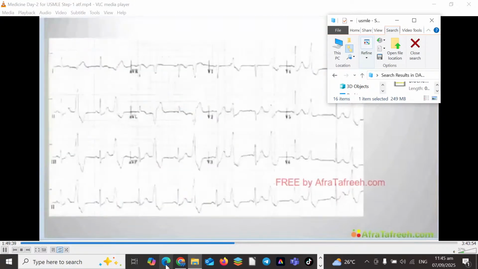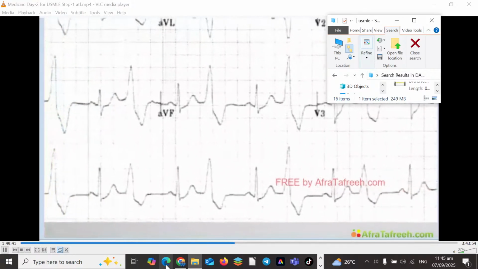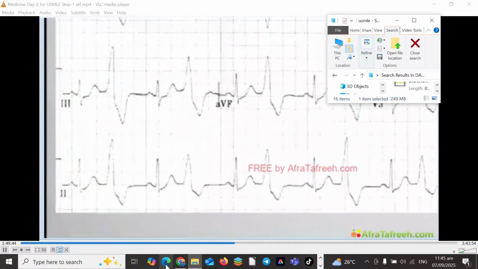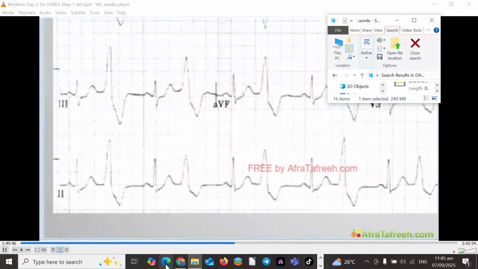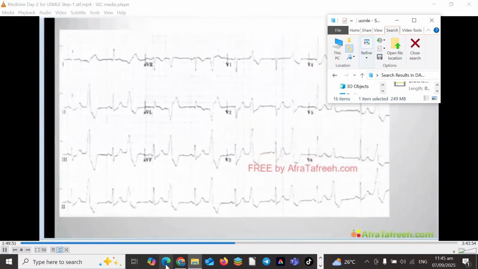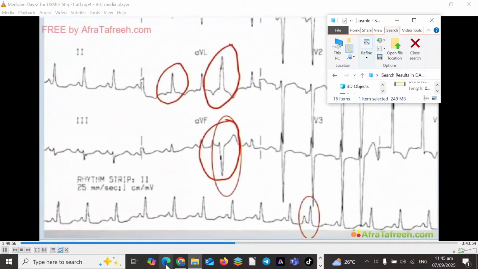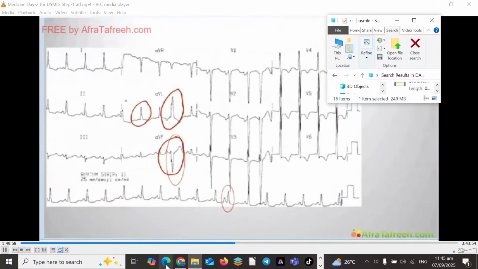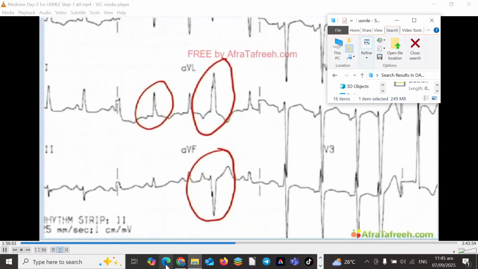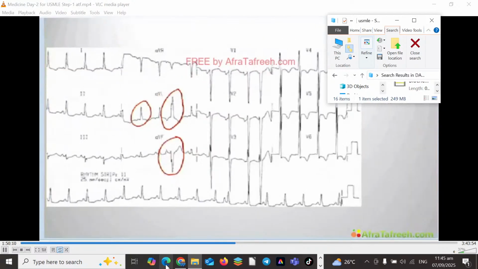Just give this EKG a look. As I said in the previous one, we compared the two QRS complexes because this is such a wide QRS complex and this is a normal QRS complex.